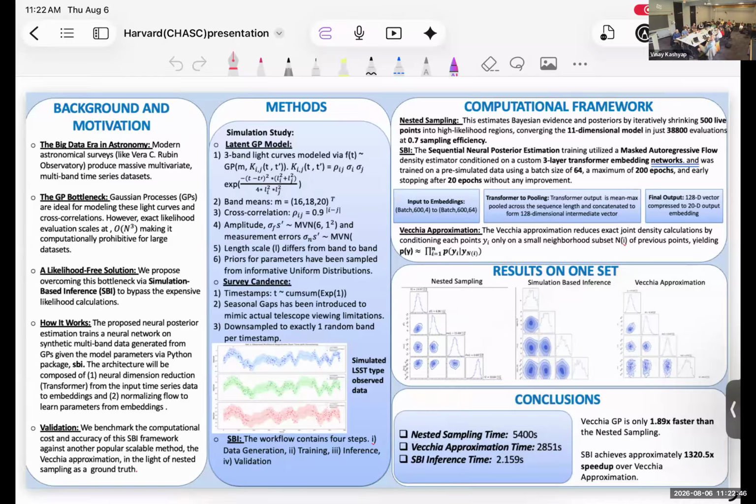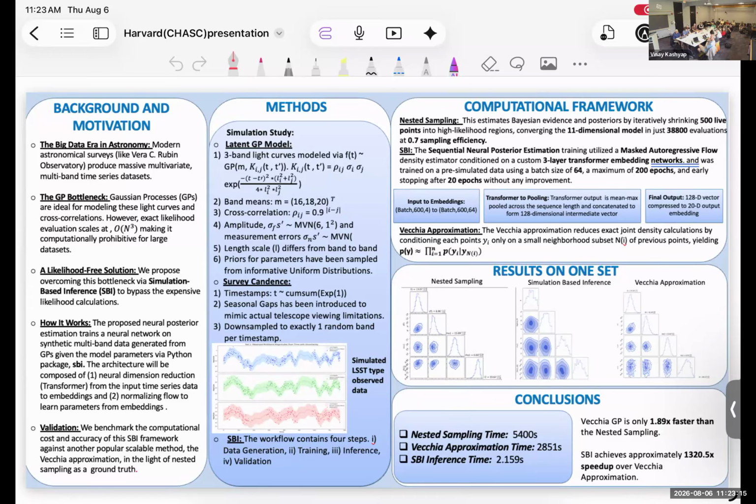So this is the JSM poster for this year. We were trying to use a scalable inference method, which is simulation-based inference, for our work. I was mostly generating LSST type observed data to check the posterior distribution out of it.